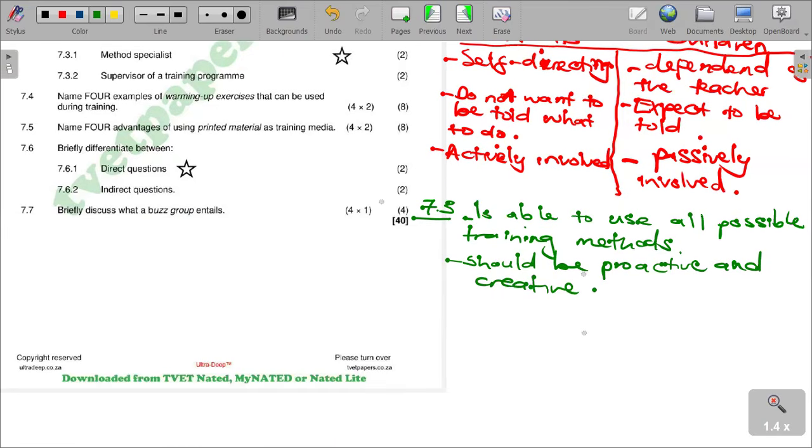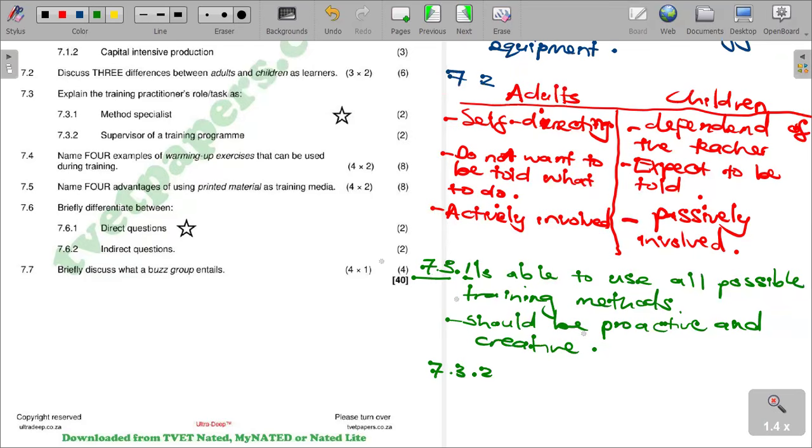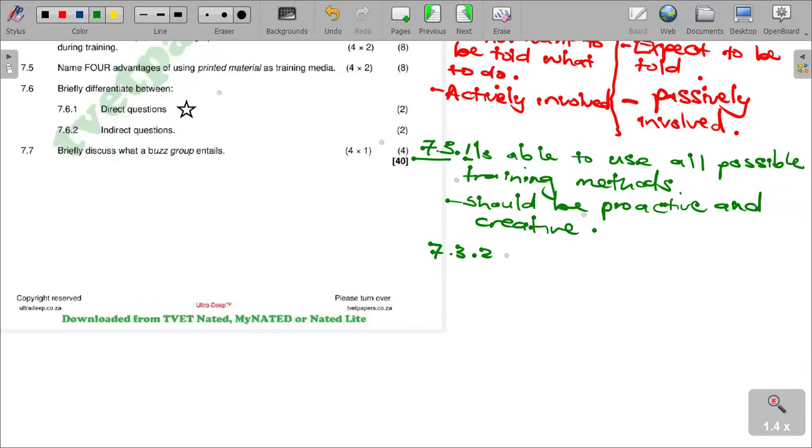Let's go to 7.32, supervisor of a training program. We are still on the training practitioner's task as a supervisor of a training program, right? So as a supervisor of a training program, what is he supposed to do?